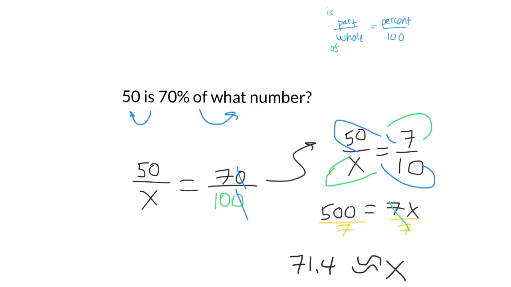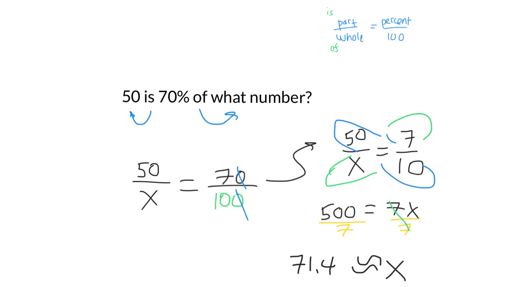Now, quick review. This says 50 is 70% of what number, right? You could have an annoying word problem that says 70% of what number is 50, right? That would probably be unusual, but it can happen. And again, it's on you to rewrite the question in a way that's more direct.